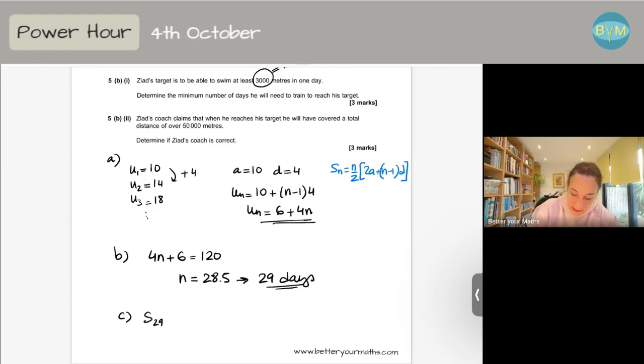In this case, we have 29 over 2 times the first day he swam 10 lengths, plus n minus 1, which is 28, times the common difference, 4. These are lengths, the 10, the 14th, 18th, they were lengths. Then we need to multiply by 25 meters because we are comparing with meters. So let's see how many meters he swam in these 29 days.